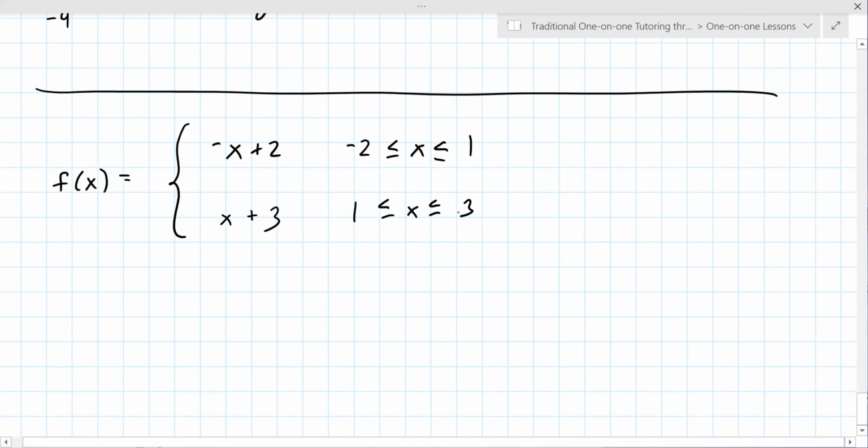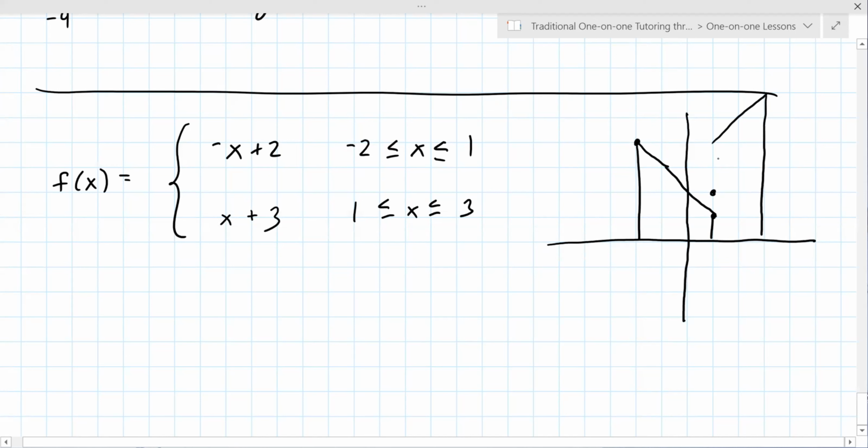Okay. So do a graph. So then it's up 3. Up 1 over 1. 2. Oh, -2.